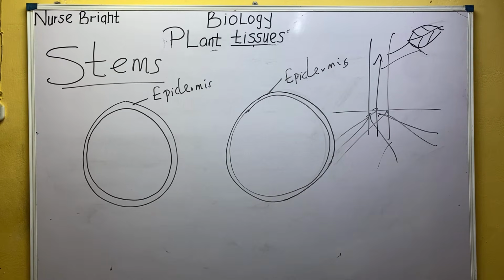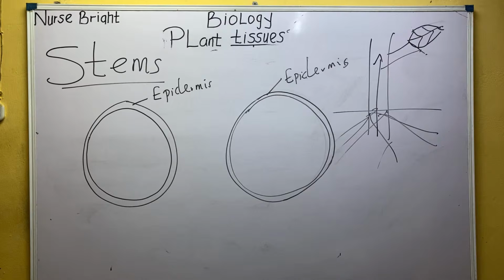Next, hairs can also grow from them; they contain some hair structures. The next layer after the epidermis is called the cortex. Note that it's called the cortex, and this cortex is made up mostly of parenchyma cells.